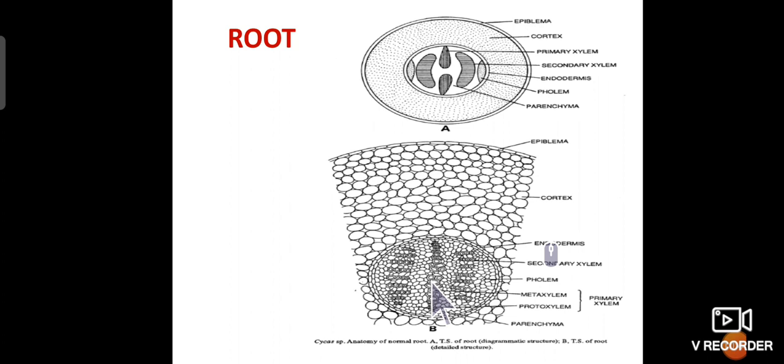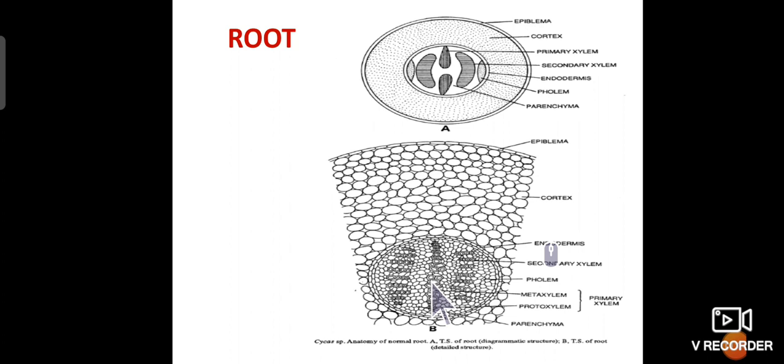They support the conductive cells of the phloem, and they also provide strength to the root. And the pith in this case is reduced or absent. So this is the TS, or the internal morphology, of a young root.